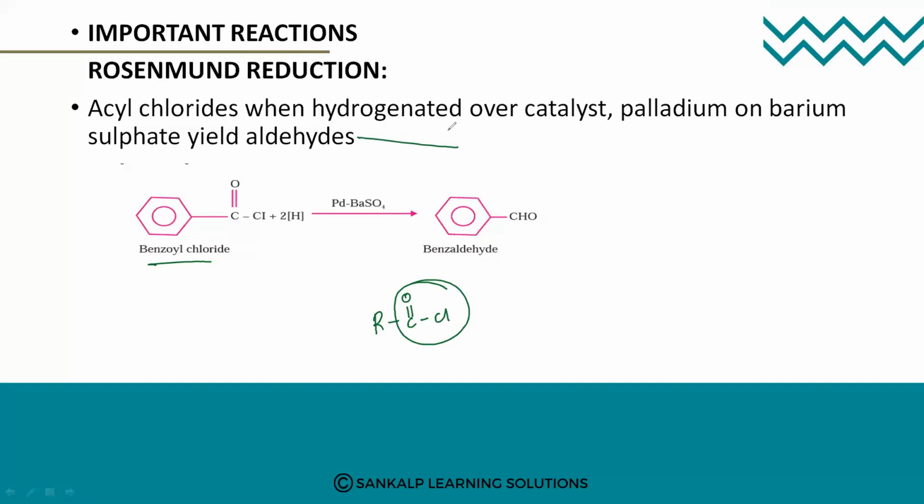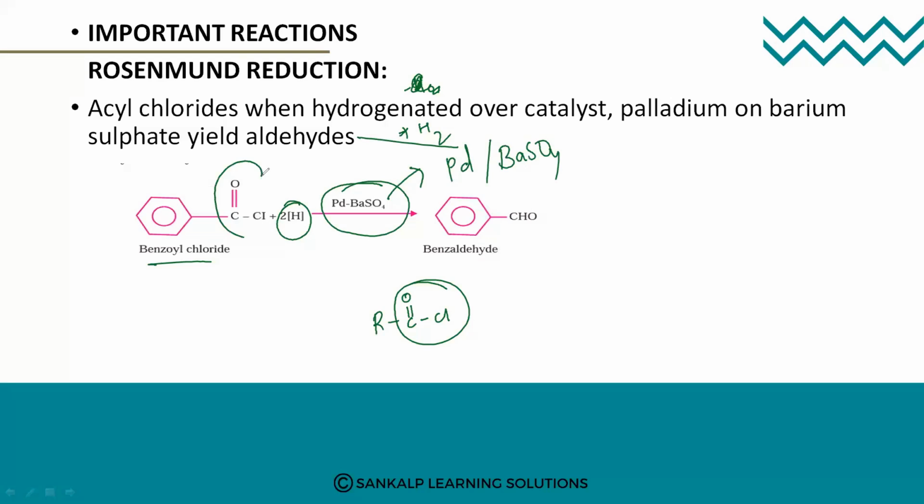What do you mean by dehydrogenation? Dehydrogenation means removal of hydrogen molecule, H2. Hydrogenation means addition of H2 molecule. So we are adding hydrogen in the presence of a catalyst. The catalyst taken is palladium in the presence of barium sulfate.